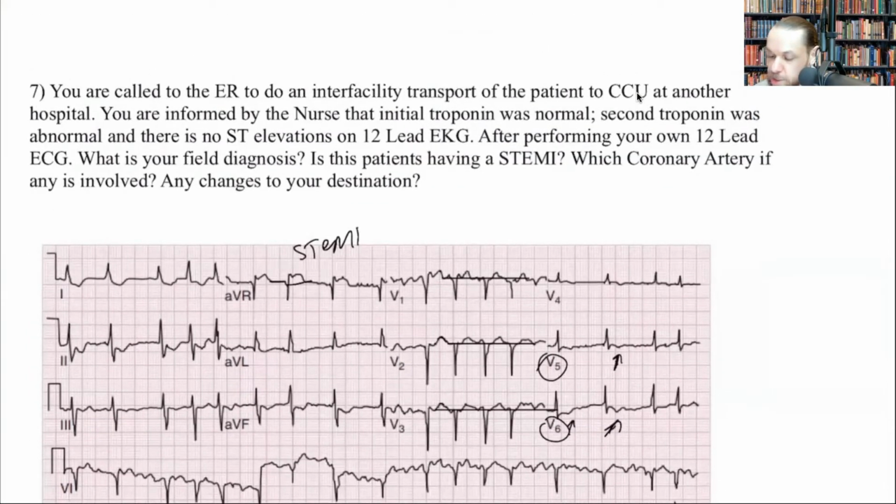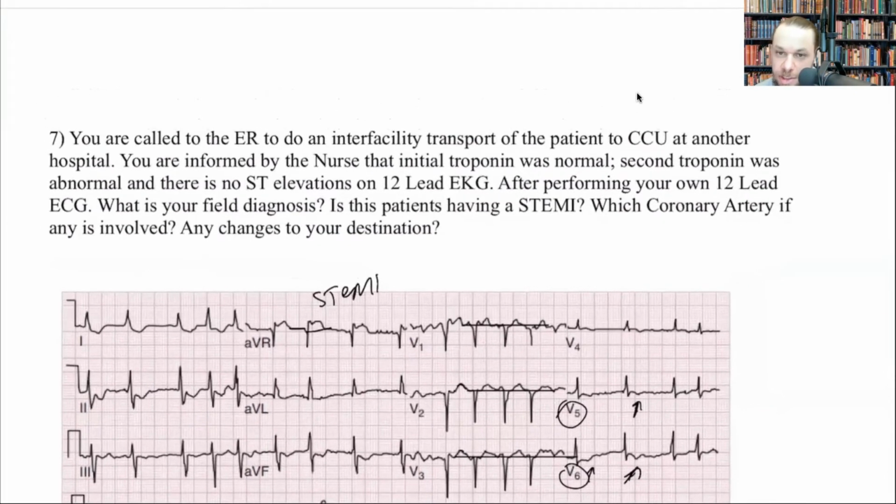And I would probably transmit the EKG, and my destination would probably change from the CCU to possibly going to the cath lab, if that hospital has the cath lab. So if I was going to the CCU of Hospital X and they also have a cath lab, I would try to call and see if I can transfer them to the cath lab.